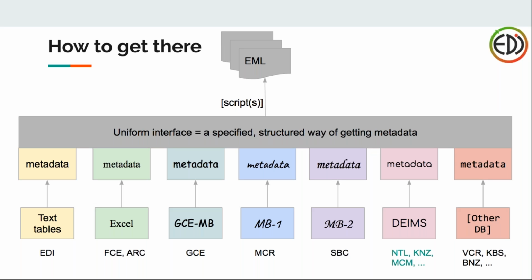Because if the goal is that EDI can take over some of the management tasks, whether they're relatively simple, like write a script that can read from 10 different kinds of text tables and generate an EML record, or they're more complex, like we can read from a web service that you expose that has that object in it and create the metadata for you. Either way, we can't support every possible permutation of XPath in EML. We have to have a target.